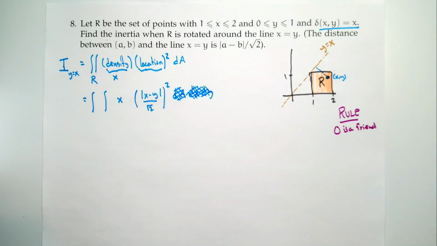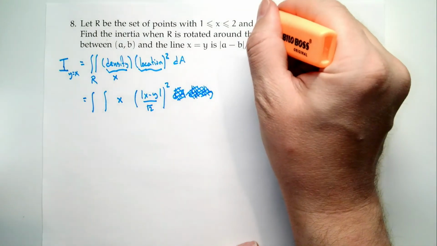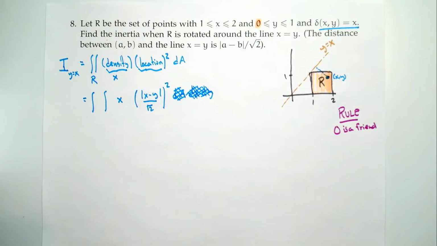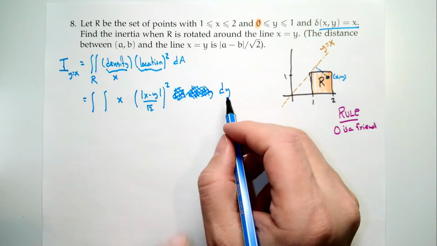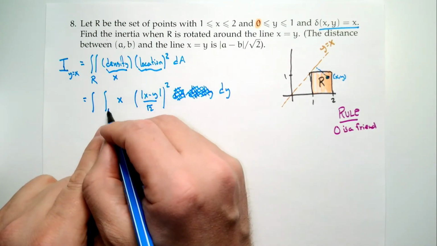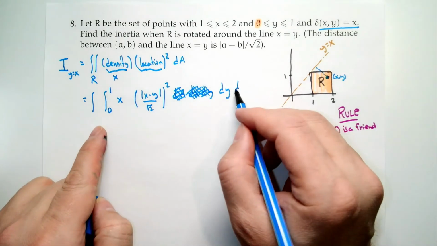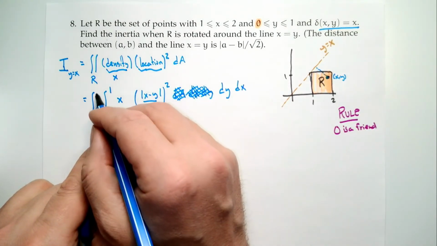And moreover, the sooner you can get 0 involved, the better. Now look at your bounds. You got a 0 there. So what would be ideal is if we could get that 0 in as soon as possible, which means we want the inner layer to be with the y, so that we could get the 0 in sooner. The outer layer will be an x, 1 to 2.